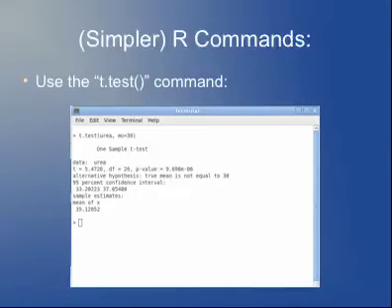So this does the test for us. It even says that the alternative hypothesis is that the true mean is not equal to 30, and it gives us the 95% confidence interval as well, and the mean of x. So it gives us all the statistics that we'd like to look at from this data set for testing this hypothesis.